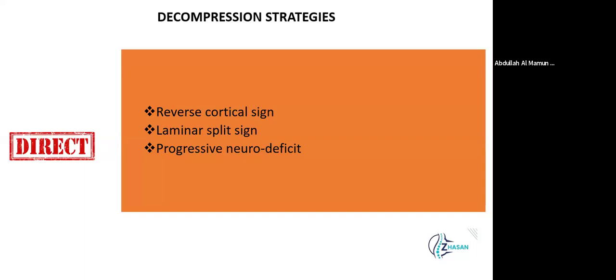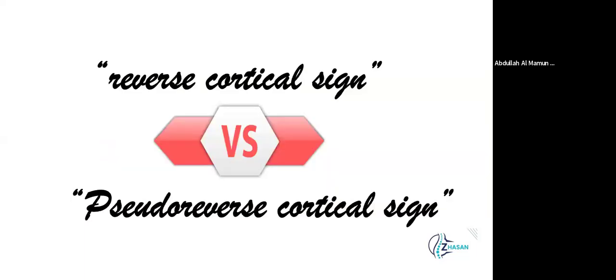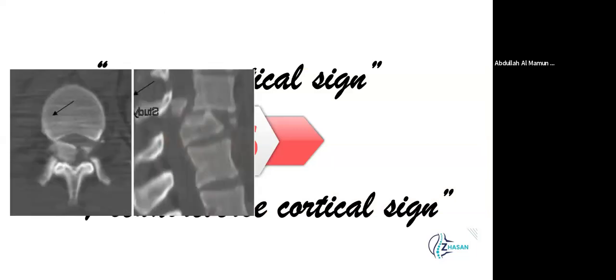So what is reverse cortical sign? There is a fallacy. There are two terms, reverse cortical and pseudo reverse cortical. I will go one by one. The fragment of the posterior vertebral wall is rotated 180 degrees, lying freely within the canal, with the cancellous part facing towards the canal.